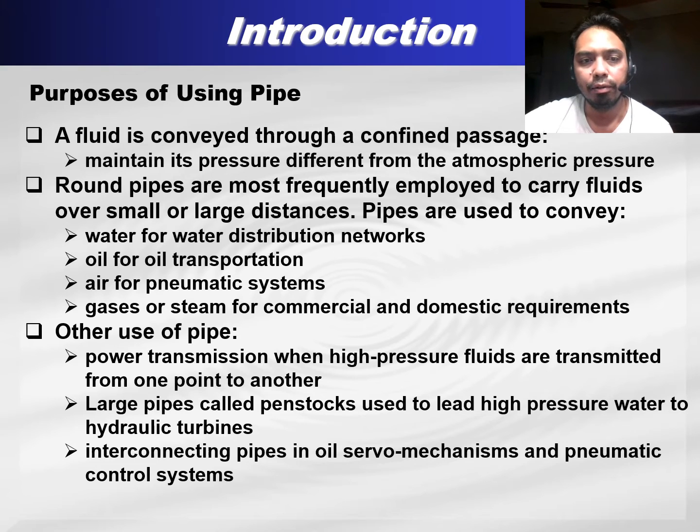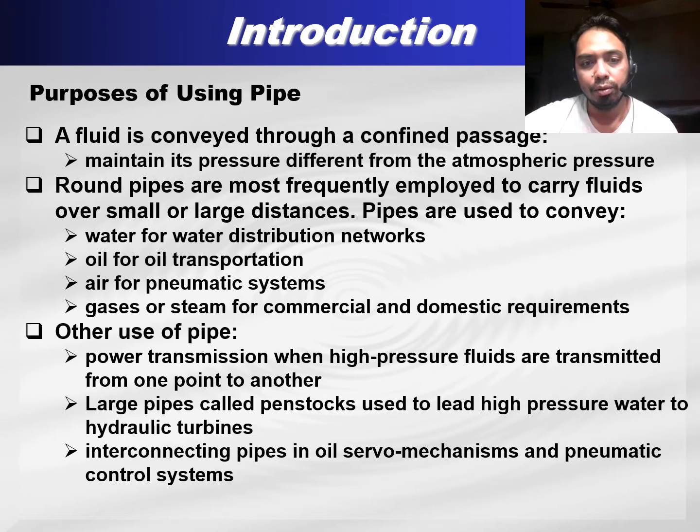For example, water distribution network, oil for oil transportation, the pneumatic system where you use pressurized air to actuate systems. We can also have gases or steam for commercial and domestic requirements.